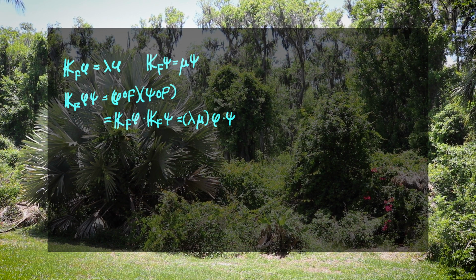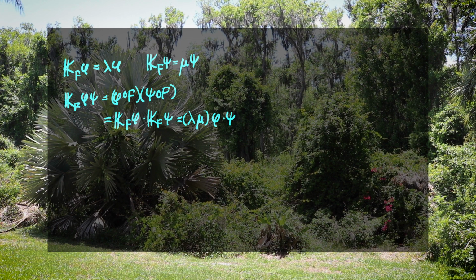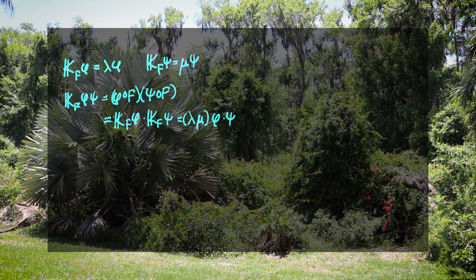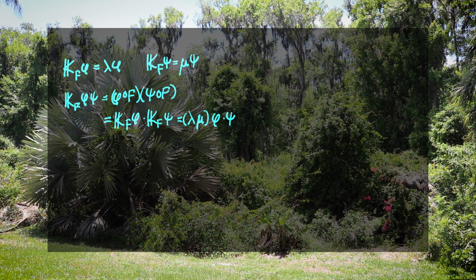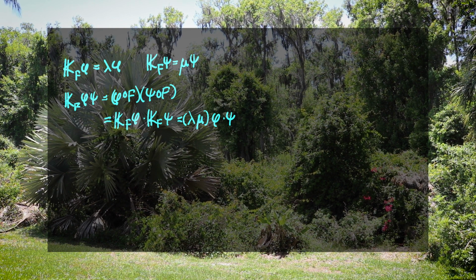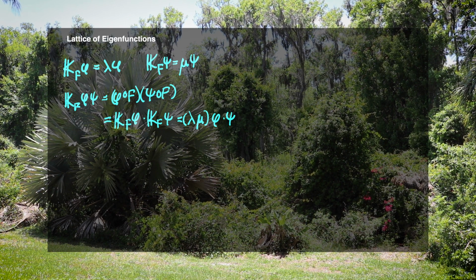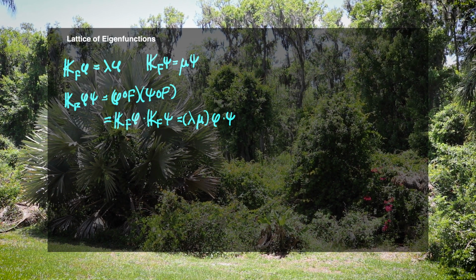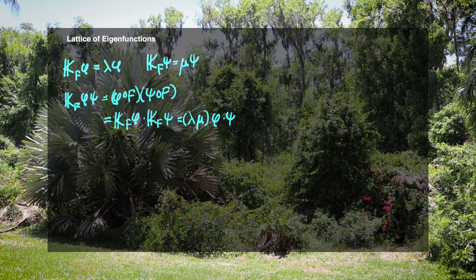And this should work not only for these two, but any multiple collection of eigenfunctions. You should be able to multiply them all together and get new eigenfunctions, and so this is referred to as a lattice. It would work in the space of continuous functions, but we want to work over Hilbert space, and when you're working over Hilbert space, it doesn't hold up so well.